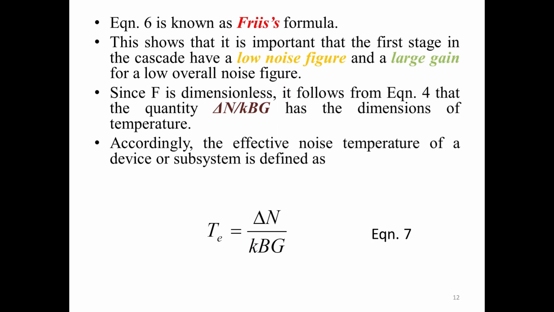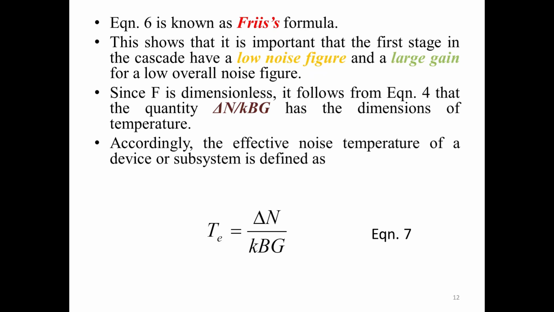Equation 6 is known as the Friis formula. This shows that it is important that the first stage in the cascade have a low noise figure and a large gain for a low overall noise figure.